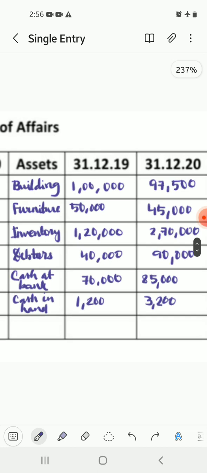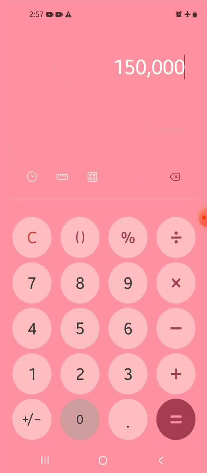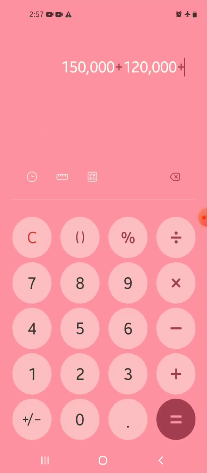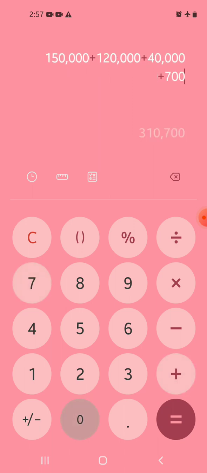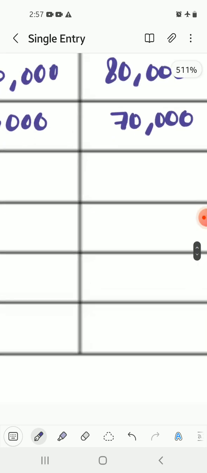On this side, building is 1 lakh plus furniture 50,000, it comes to 1,50,000, plus 1,20,000, plus 40,000, 70,000 and 1,200. It comes to 3,81,200. Write it here, and write the same figure on this side as well.